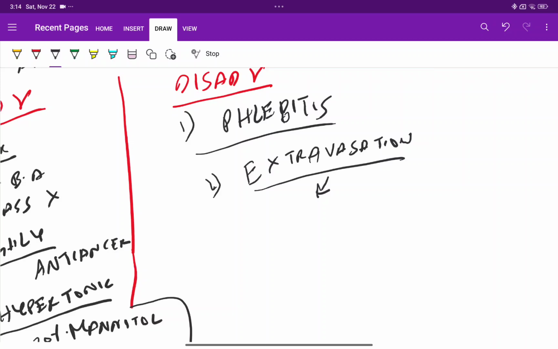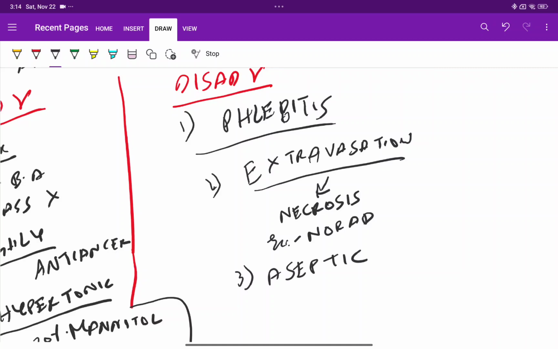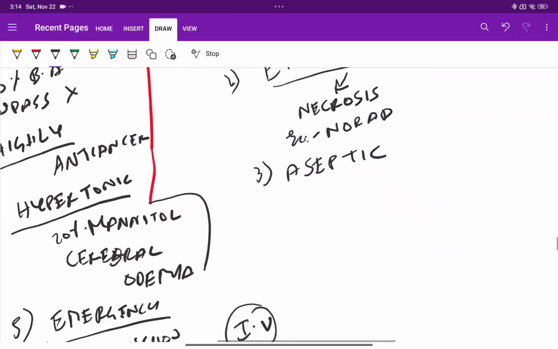Extravasation of drugs can cause necrosis. Example, noradrenaline. Then strict aseptic condition should be maintained.